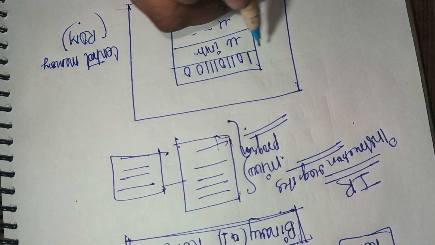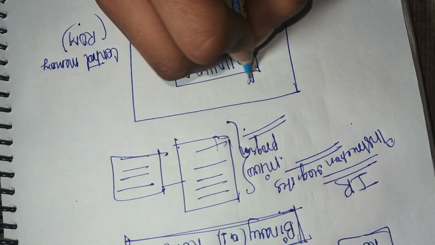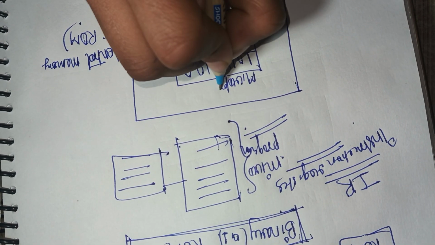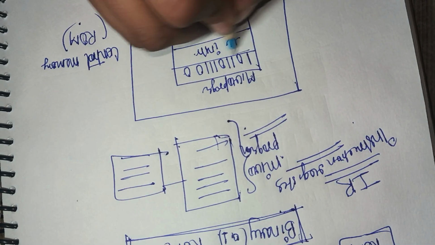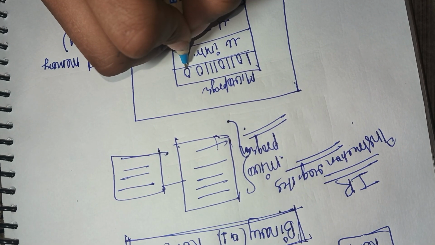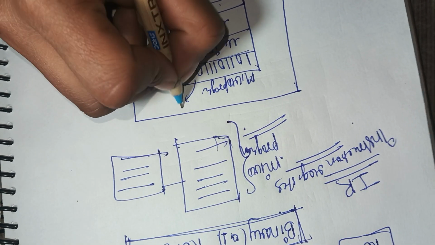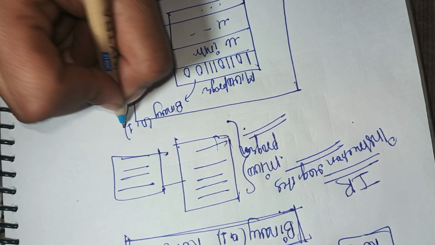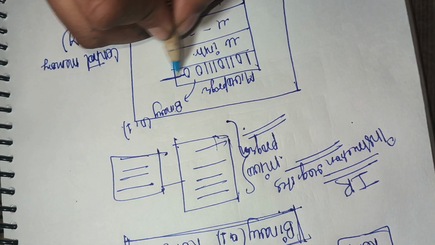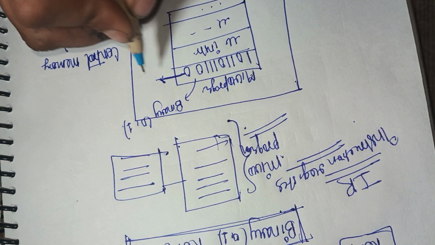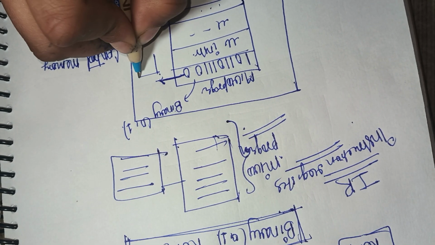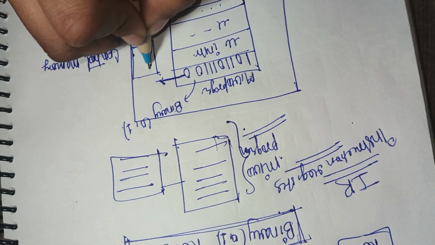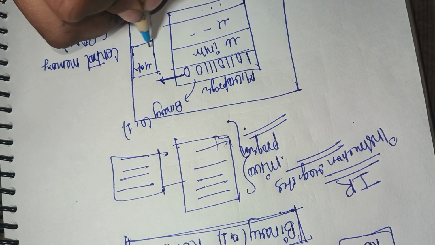This collection of micro instructions is called the microprogram, and this is a control word which is only in binary, 0 and 1, and each micro instruction forms a micro operation for the system.